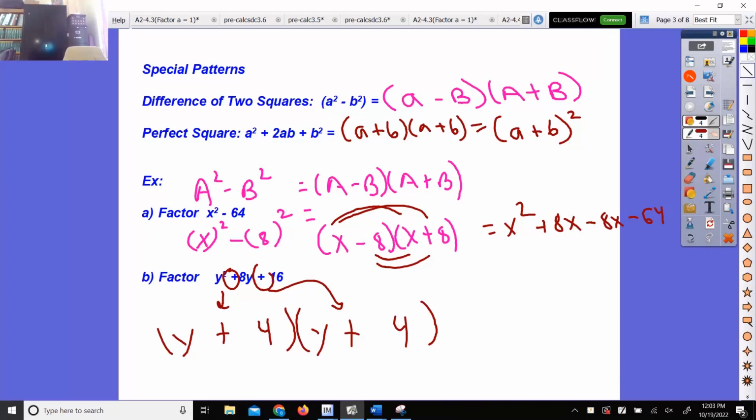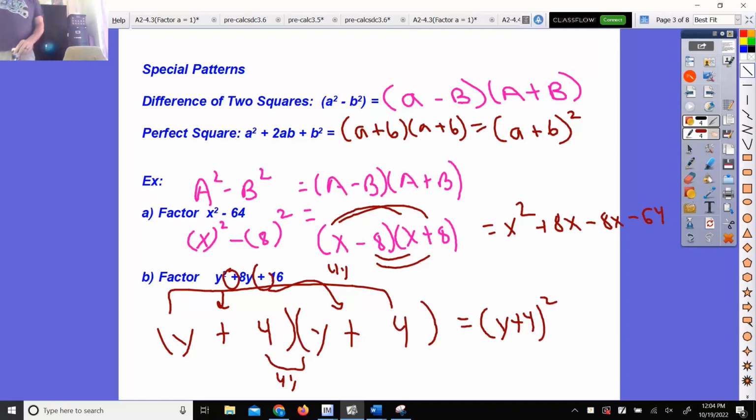Check it. The inside's going to make 4y, right? How about the outside? 4y plus 4y? 8y. Now, instead of writing y plus 4 times y plus 4, you could write y plus 4 squared. That is entirely optional. I do want you to understand that this piece is optional. You don't have to do that if you don't want to.